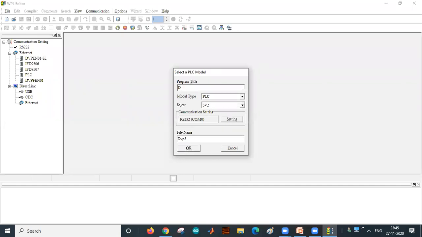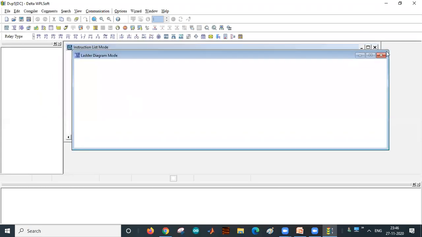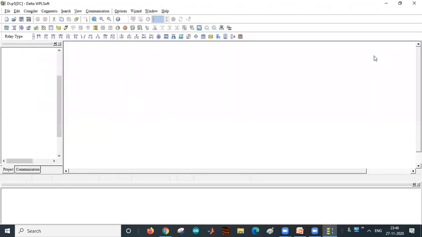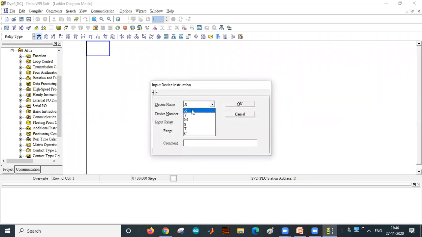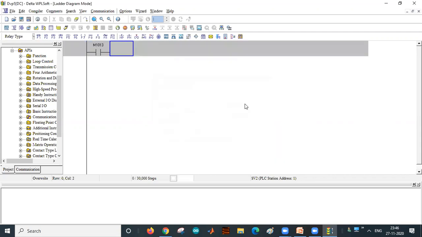It is a digital clock, or 24-hour clock, which is implemented by 3 counters. Okay, first thing you have to do, M1013. Whenever you take M1013, the comment you get here is 1 second clock pulse, 0.5 seconds on, 0.5 seconds off.